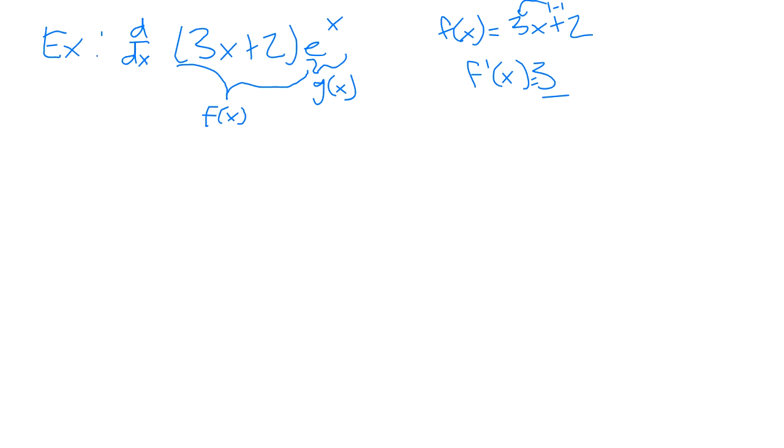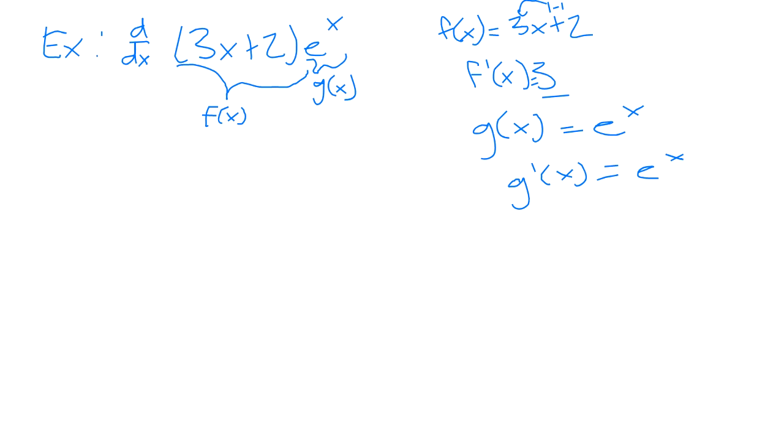Now we have our g of x is equal to e to the x. Well, as we learned last week, the derivative of e to the x is just e to the x. So now that we have our two functions and both of their derivatives, we can set up our rule.